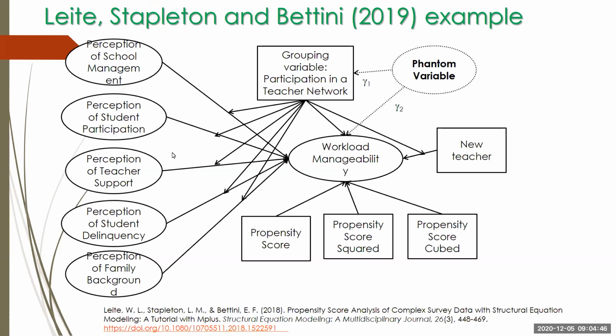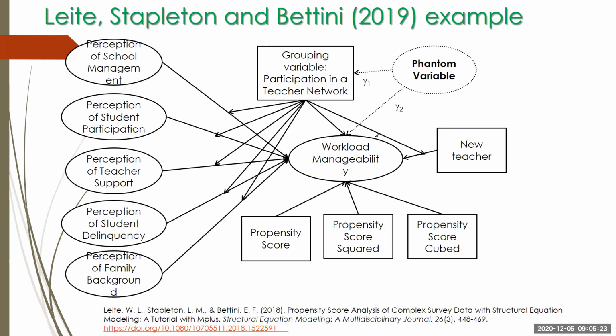In their case, they were interested in this model here of the relationship between teacher participation in the teacher network and workload manageability, and also whether participation in the network moderated the relationships between perception of school management, perception of student participation, perception of teacher support, perception of student delinquency, and perception of family background, and workload manageability.